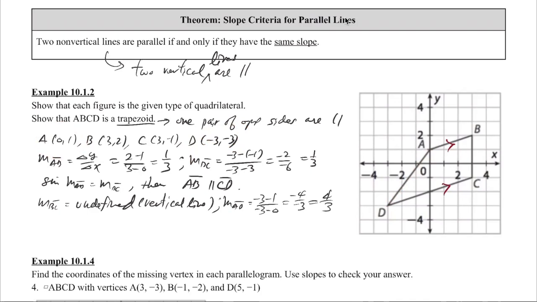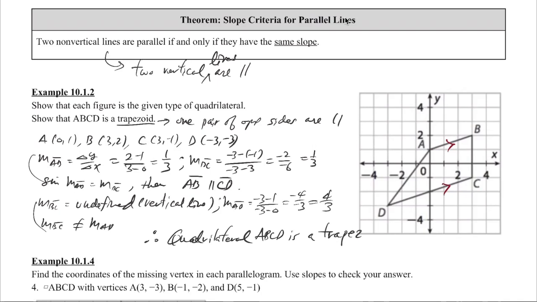So we could clearly see that the slope of BC is not equal to the slope of AD, right? All right, we did two things. We showed that one opposite pair is parallel, and the other is not. Therefore, we could say the quadrilateral ABCD is a trapezoid. Okay, guys? All right.